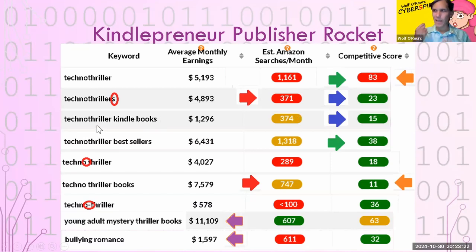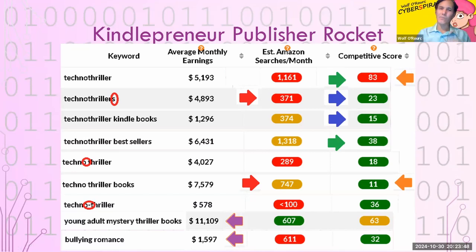And remember, because every word is used, if you put in techno thriller Kindle books, you get techno thriller for free. It's going to start matching because it's in that list. But you get the precision if somebody uses the long tail keyword, so you have a better chance of a sale if you use the long tail keyword phrases.